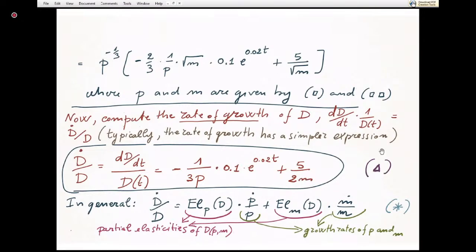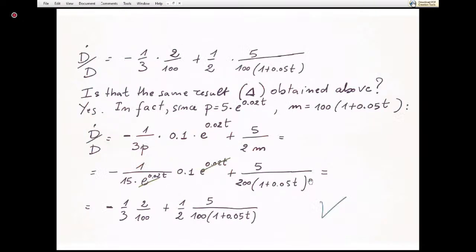And this formula, denoted by a triangle here, if you work it out a little more, replacing price with this exponential function and income with this expression, you get exactly the formula we would obtain immediately by applying the general property: the sum of the elasticities times the time growth rate.